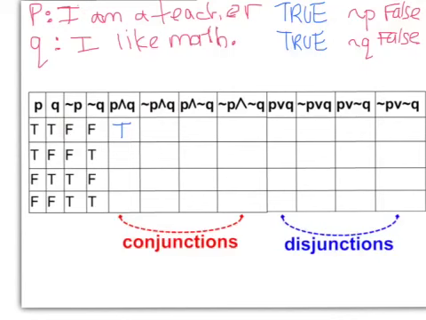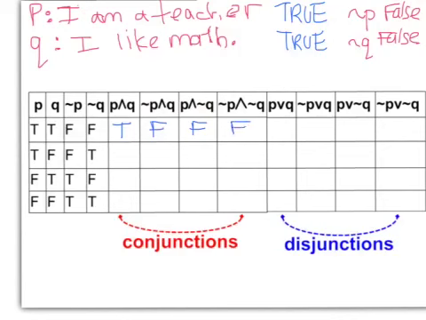So what I'm saying is false and true, which is false. Same thing for the next example. I am a teacher and I do not like math, because it's the negation. That's also false. And then I am not a teacher and I do not like math. That's two false statements, which is also false.